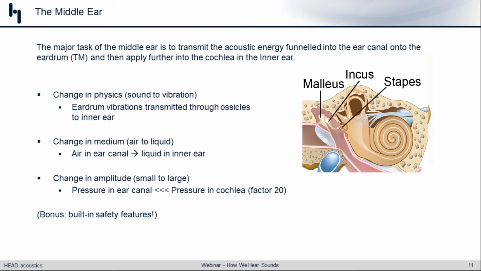And we likewise go through a change in amplitude. So the pressure in the ear canal and on the eardrum is relatively small compared to the pressure on the window to the cochlea. That pressure is actually upwards of a factor of 20, and that's what the three bones here help us do.